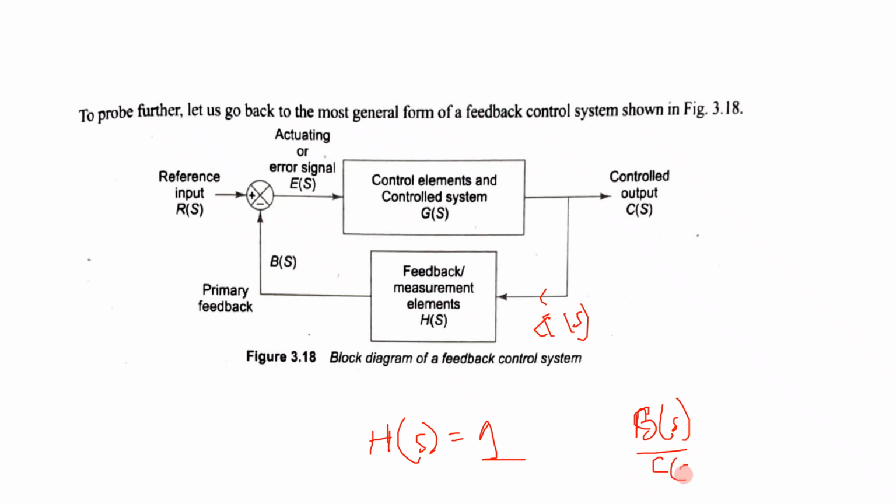So Bs divided by Cs. Here Bs is the output of the feedback block and Cs is the input of the feedback block. So Laplace transform of output by Laplace transform of input will give you the transfer function. So Hs is the feedback transfer function.